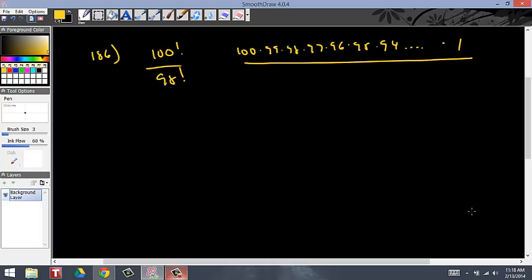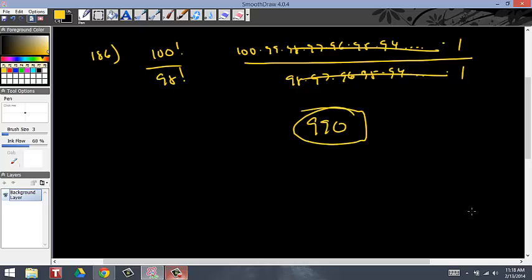Guys, what's 98 factorial? 98 times 97 times 96 times 95 times 94, all the way to times 1. You guys have to be smarter than your calculator. What's going to happen to the 98s downward? They're all gone. What is this problem really? 9900.